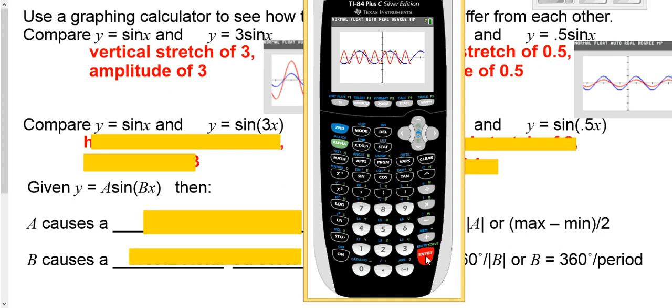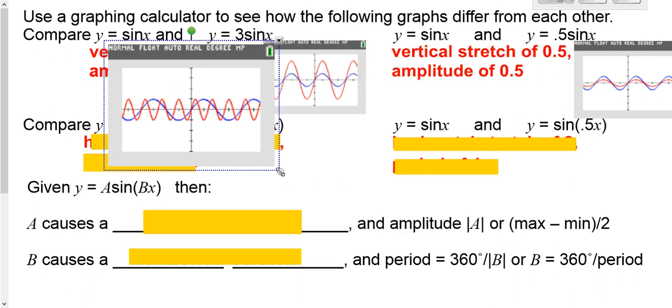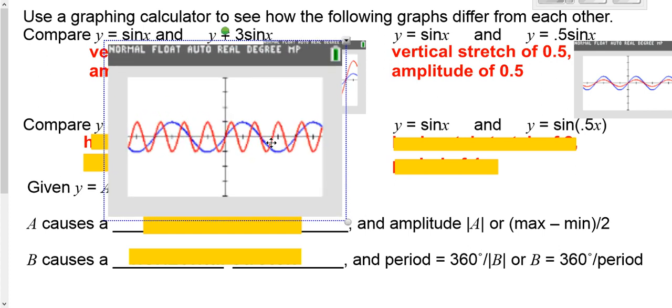But you'll notice it's going up and down a lot faster than it does normally. So as you look here, we go up, down, up. That's one full period. Up, down, up. One full period. Up, down, up. So that's 3 full periods of the red in 1 full period of the blue.